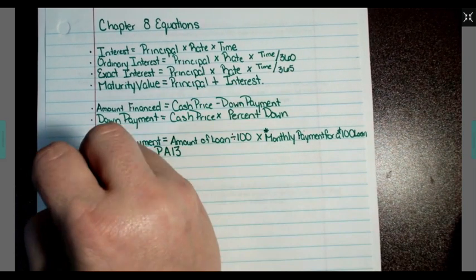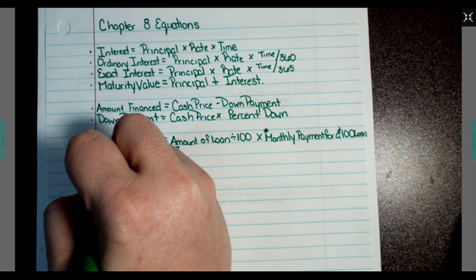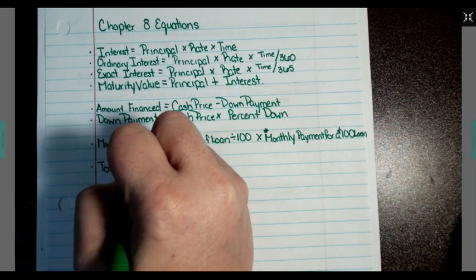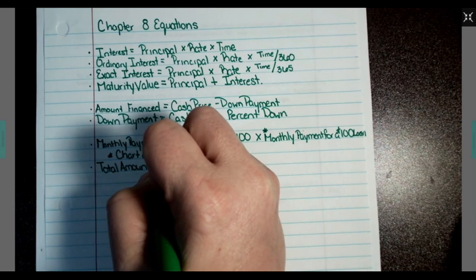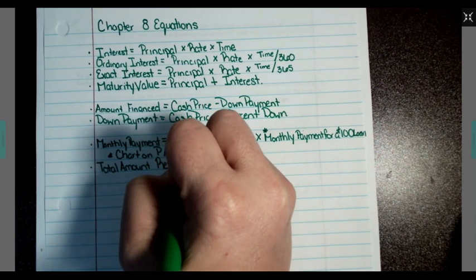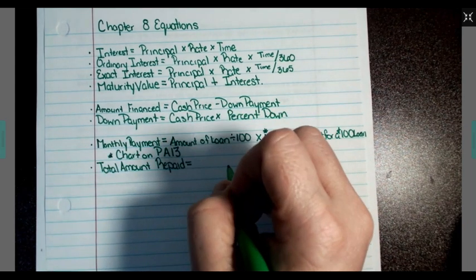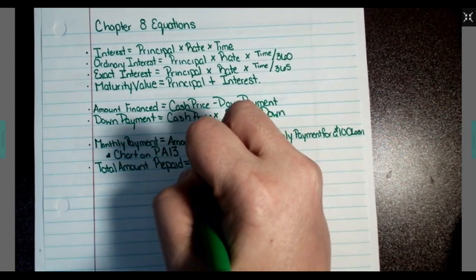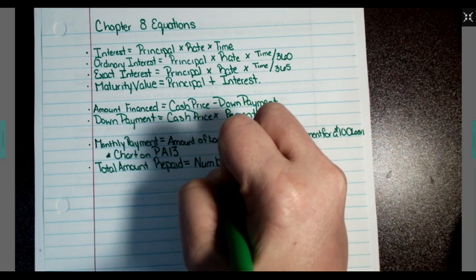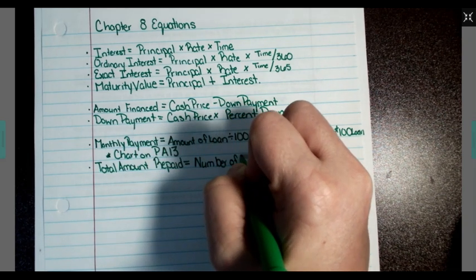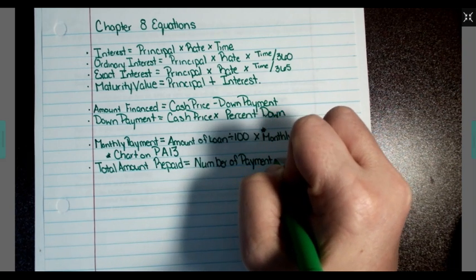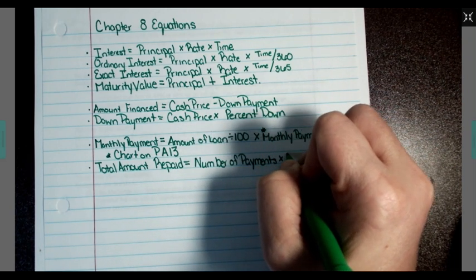Next equation, total amount repaid. This equals the number of payments times your monthly payment.